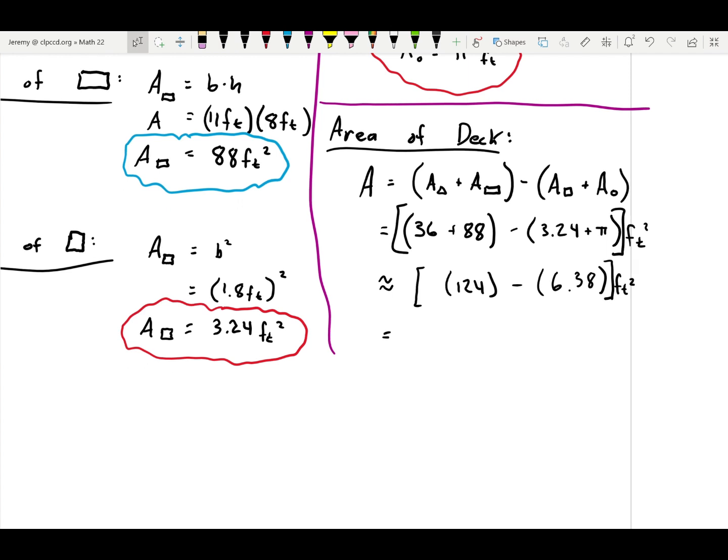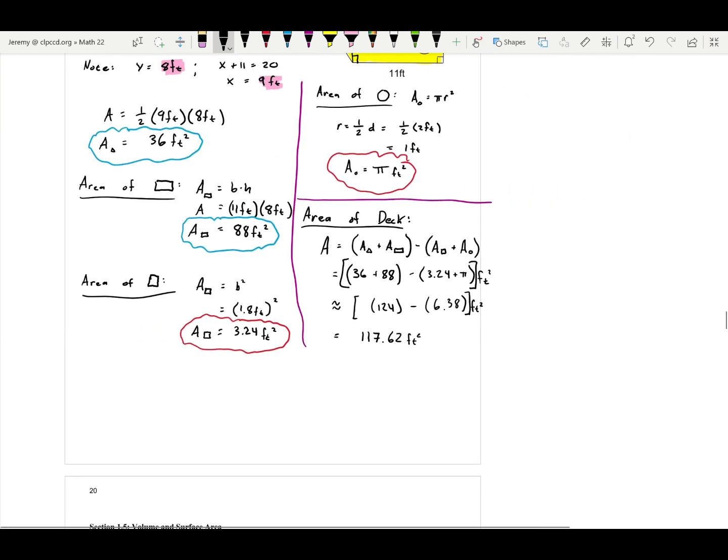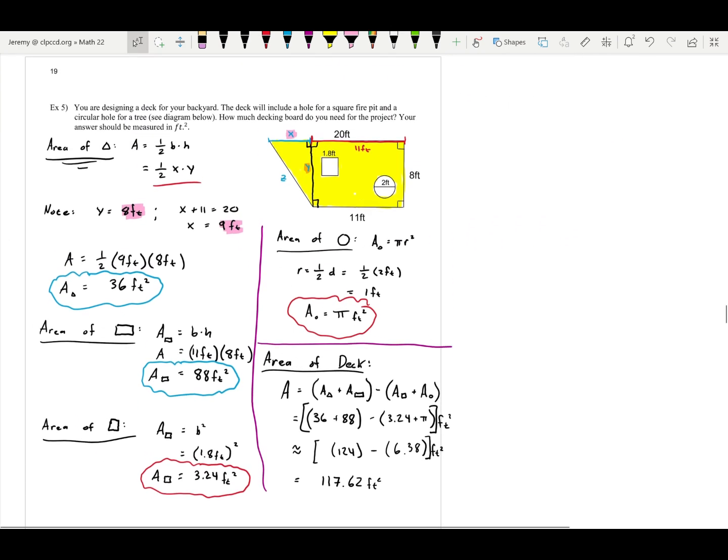All right, and then let's do 124 minus 6.38. Taking that difference, I get 117.62 square feet. Okay, and I'm thinking that's my answer.